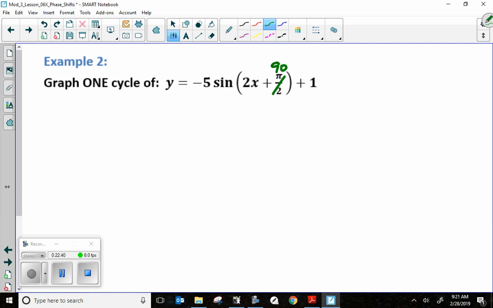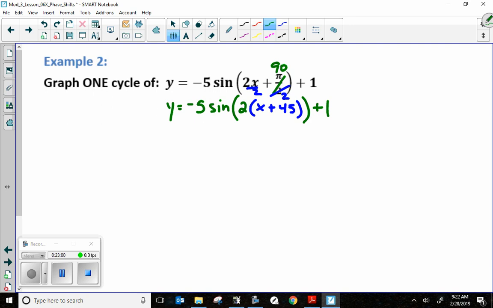So really I want to say y equals negative 5 sine. I'm going to take out the 2. Okay. Which means if I divide this by 2, I get x. If I divide 90 by 2, I get 45. So it's plus 45. And I still have my plus 1.